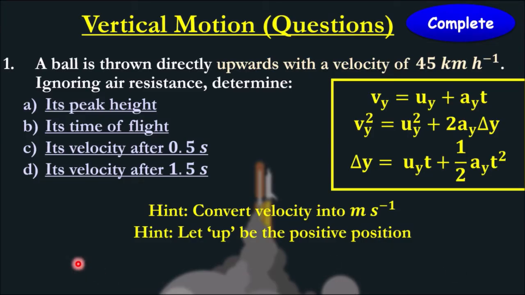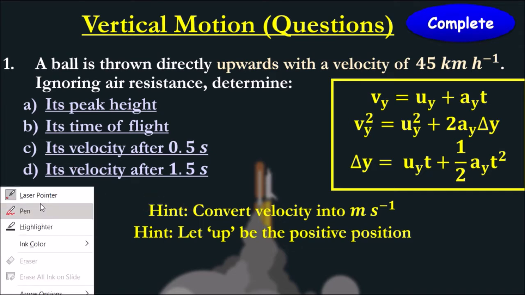All right, so let's have a look at some of these questions. We have a ball that is thrown directly upwards with a velocity of 45 kilometers per hour. If we ignore air resistance, determine its peak height, its time of flight, its velocity after 0.5 seconds, and its velocity after 1.5 seconds. So let's solve for that.